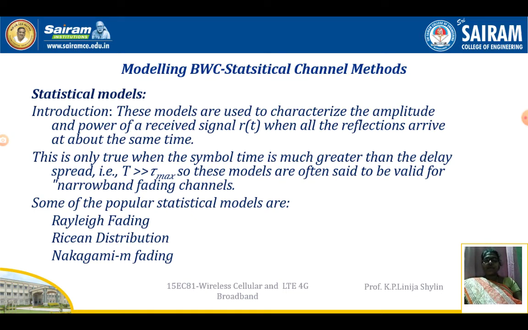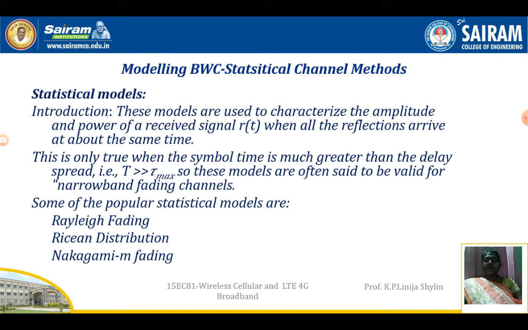Also we know there is delay spread. We have studied delay spread, coherence bandwidth, Doppler spread, all those things. Here we are considering the delay spread, that is capital T is much greater than tau max. These models are often called narrowband fading channels.